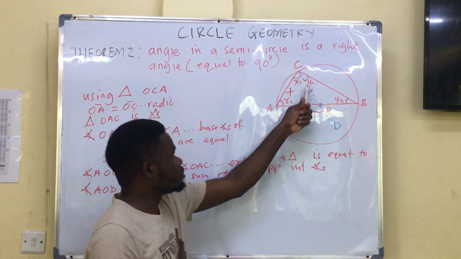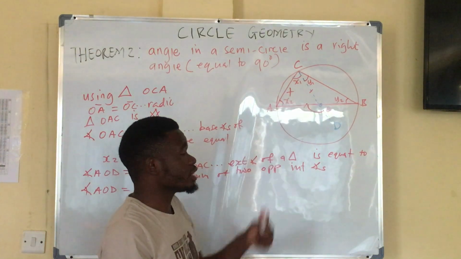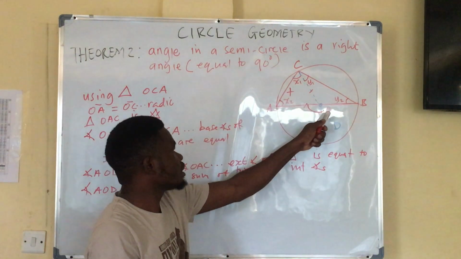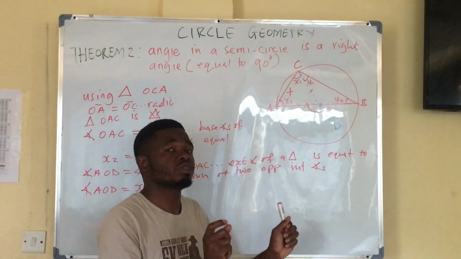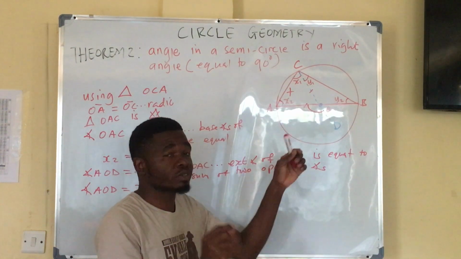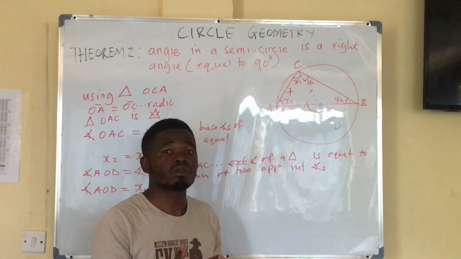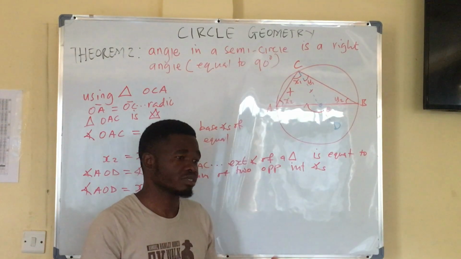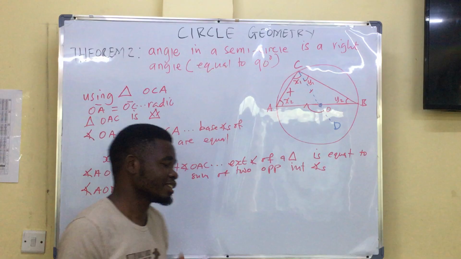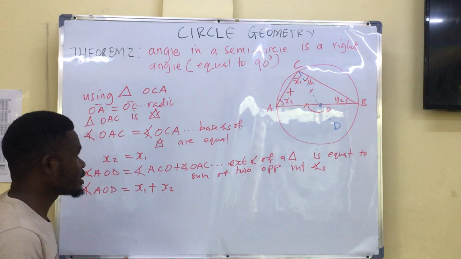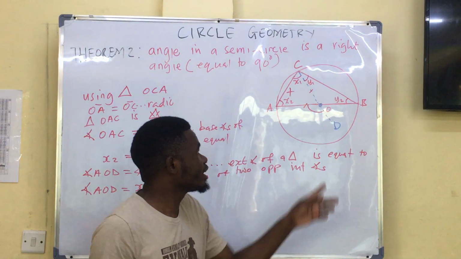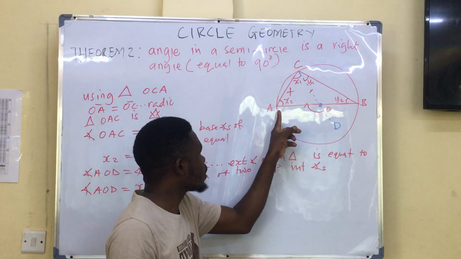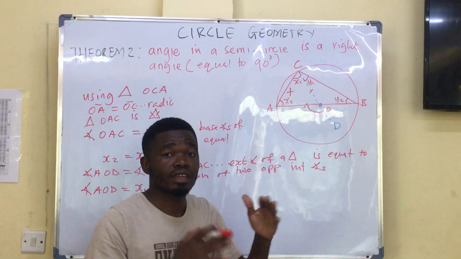Why? Line OC and line OA are radii, meaning that two opposite sides of an isosceles triangle are equal. Yeah, nice. So this triangle OAC, remember, is an isosceles triangle. Why? This side OA and the side OC are equal.